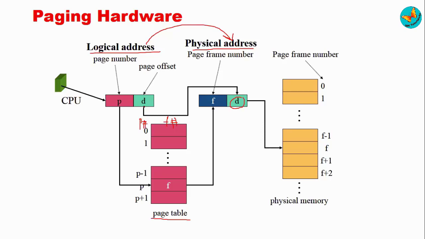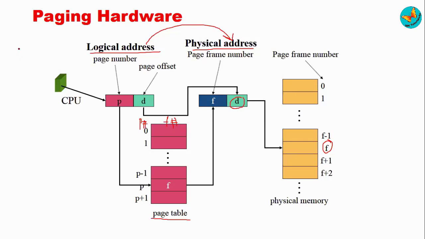In this way, we will convert the logical address into a physical address and then the required page will be put into the respective frame number. So whatever page we want to fill, we will put it into the generated address of the physical memory. This is the paging hardware that is required for translation of logical address to physical address.